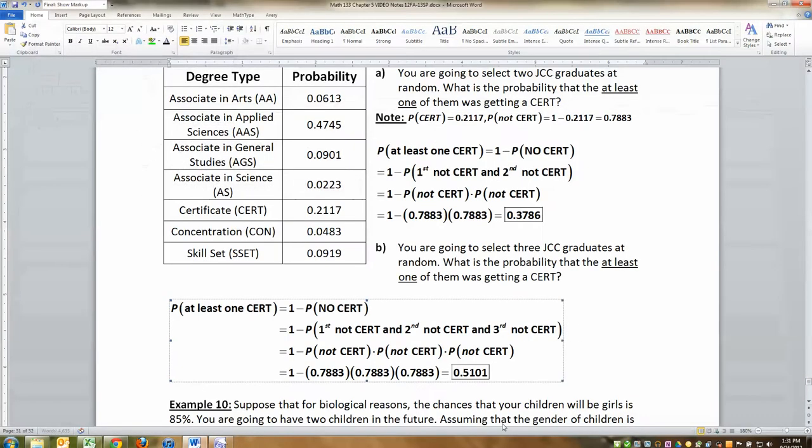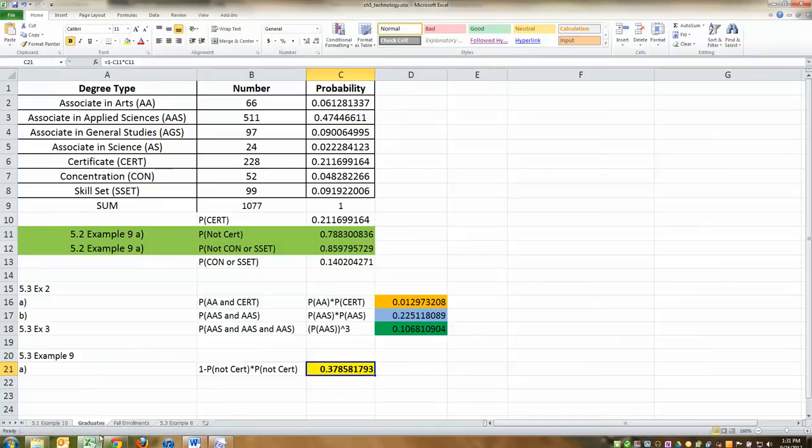So I'm going to do that with Excel here. This is letter B. I want 1 minus the probability of not being certified, to the third power, because it's not cert times not cert times not cert, three times, and then you take it away from 1.